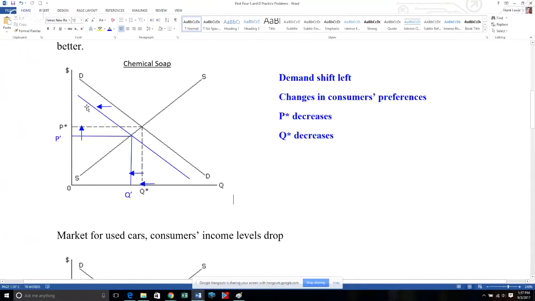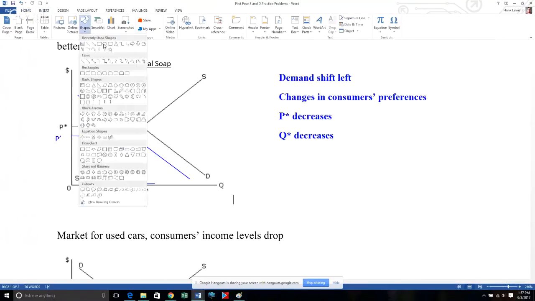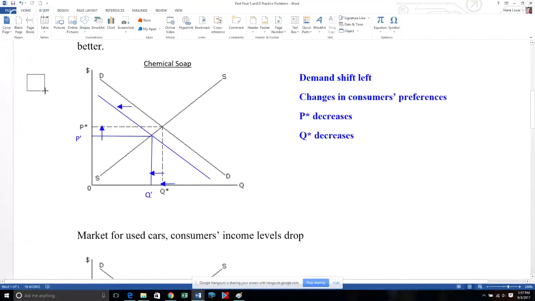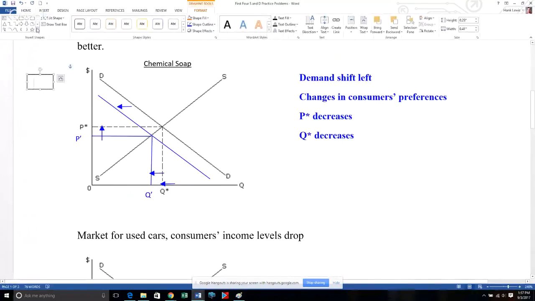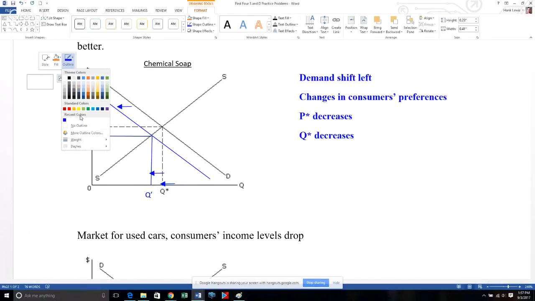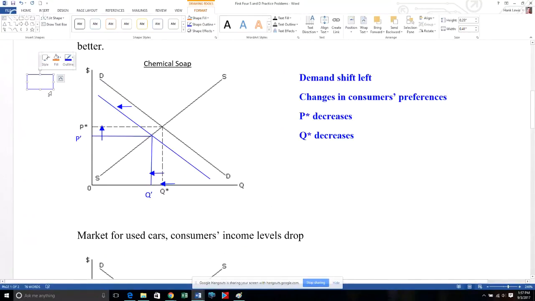So we got our new equilibrium quantity. Is there anything else I'm missing? Oh, yeah. The demand curve. We got to have a couple of D primes up there as well. So let's take care of those last couple of items here. And again, let's get this thing just so.